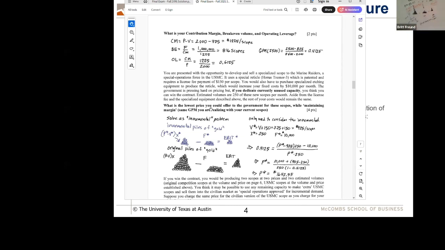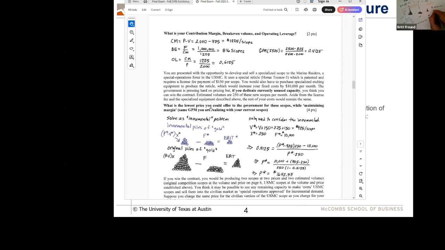No, it doesn't. Let's just do this over here. The Marine Corps cost structure. I want the gross profit margin for these 250 Marine Corps scopes to be the exact same 41.25% that I used to make.